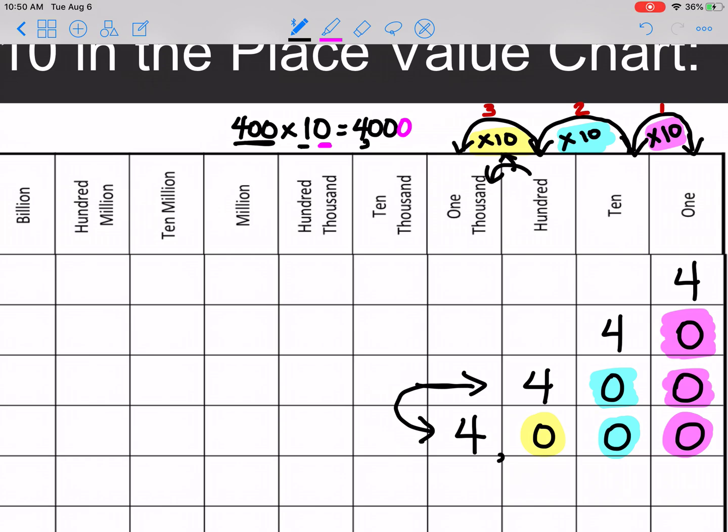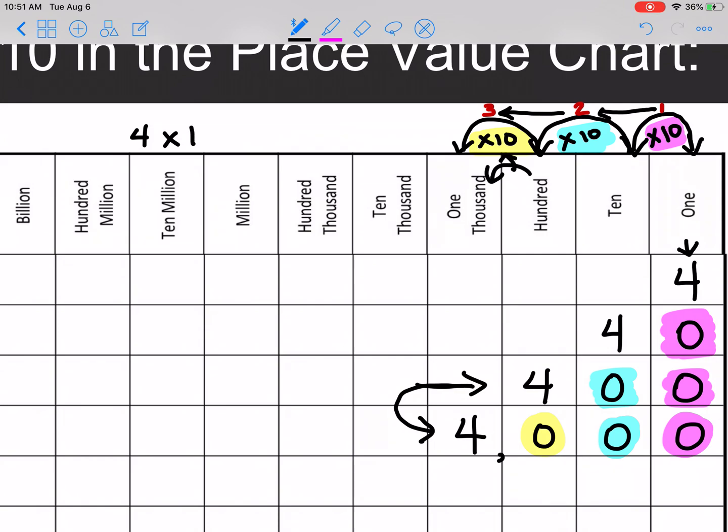Or I could even go back and use this 4 from the ones place. 4 times how many jumps did I make through the place value chart to go from ones to thousands? 1, 2, 3.